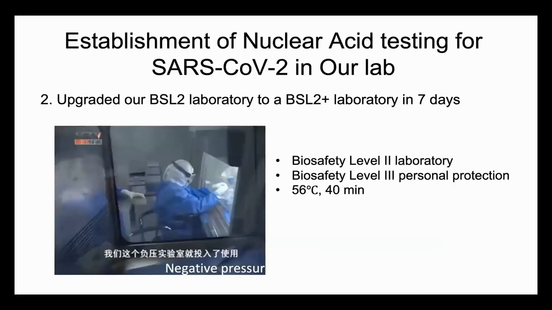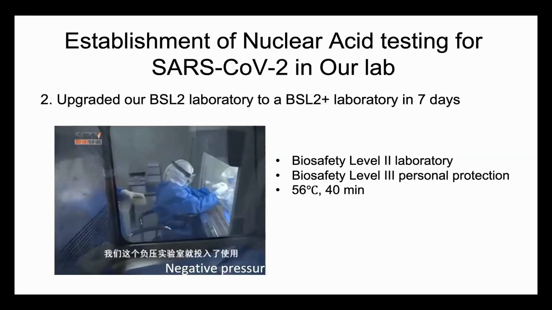As we know the virus not much, especially in the very early period, we took biosafety level 2 for lab and biosafety level 3 for lab personnel who handle primary respiratory specimens.